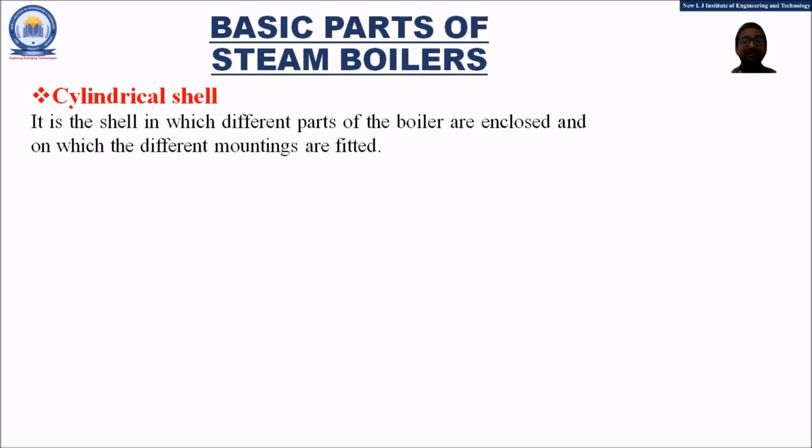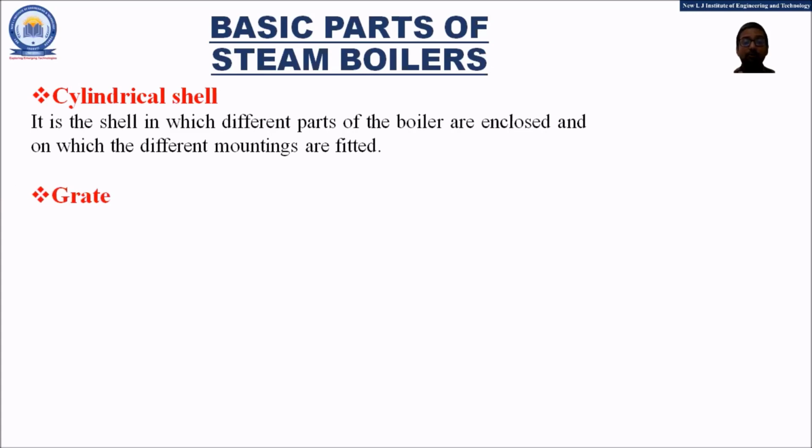It is the shell in which different parts of the boiler are enclosed and on which the different mountings are fitted. Mountings are those components of the boiler which are necessary for the operation of the boiler as well as for the safety of the boiler. And in my next lecture of basic mechanical engineering, we will discuss in detail the concept of boiler mountings. So this is the first component, the cylindrical shell.